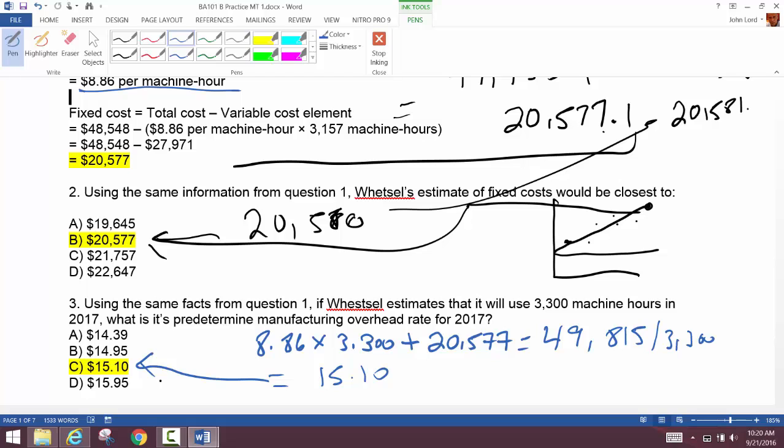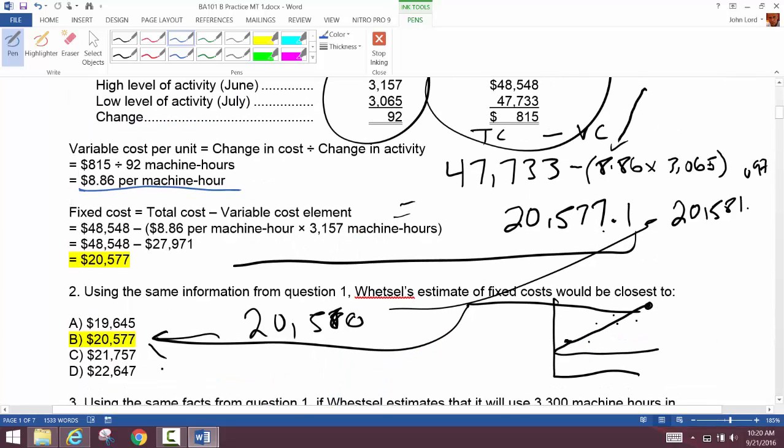Question? Yes, sir. If you took the machine hours times the 8.86, that gives you only the variable portion of the overhead cost. That's why you have to add the fixed cost to get the total overhead.